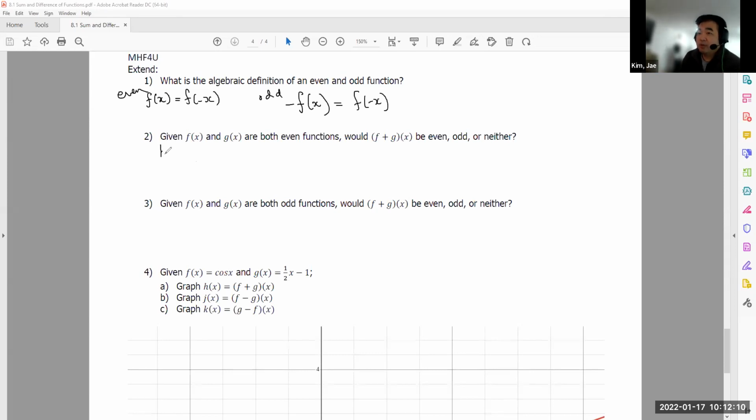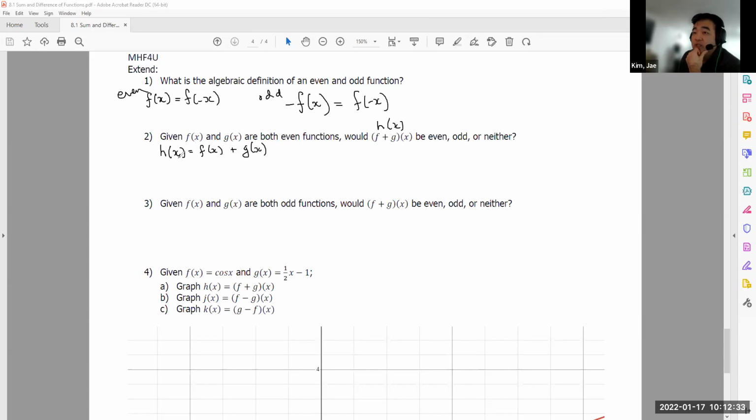Given, let's pretend that I have h of x equal to f of x plus g of x. So would f plus g of x be even, odd, or neither? Is h of x going to be even, odd, or neither?